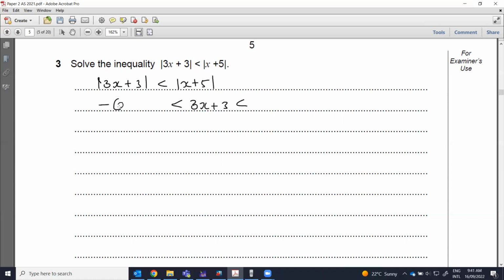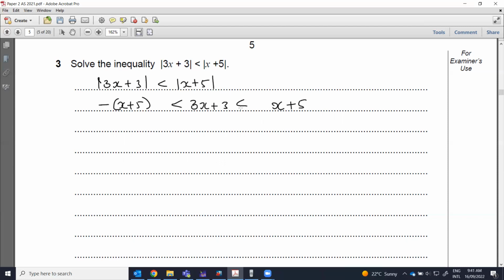So I say negative x plus 5. And then here on the right, I'll write it as it is without the absolute values, and it would be positive. Okay, so we're saying that 3x plus 3 is between negative x plus 5 and positive x plus 5.